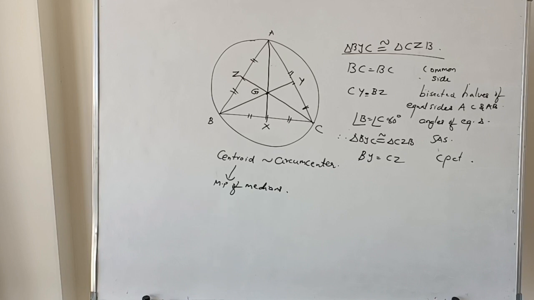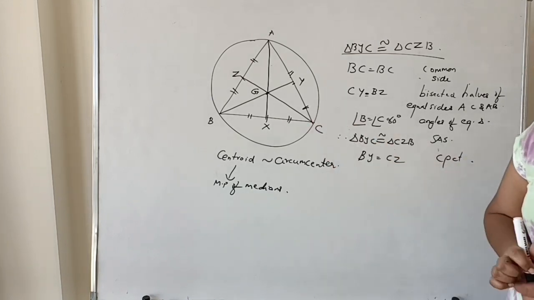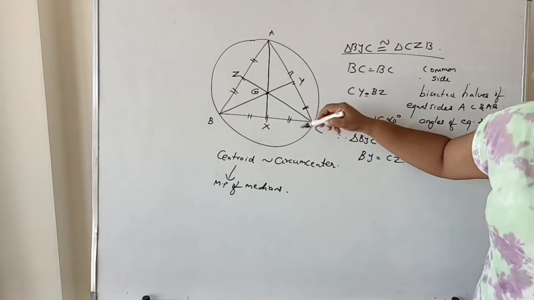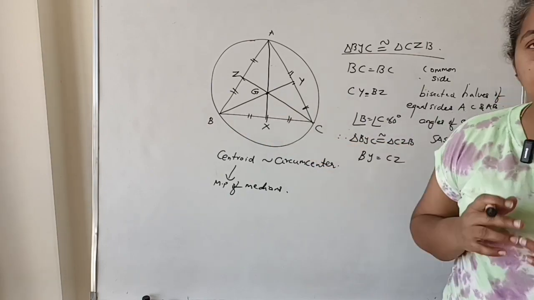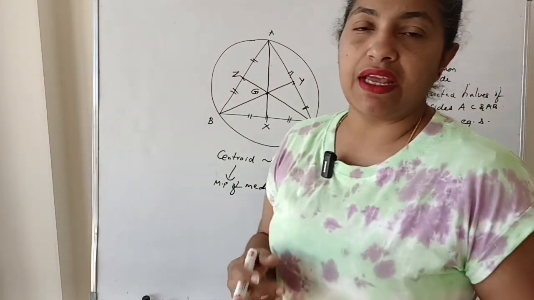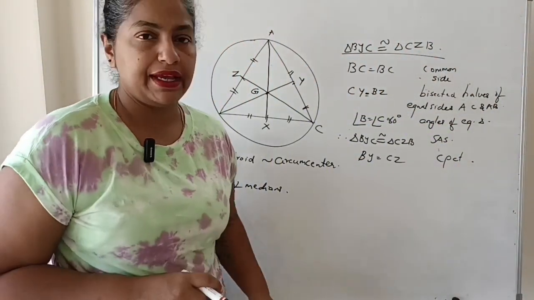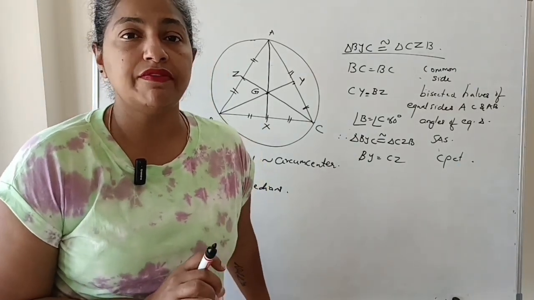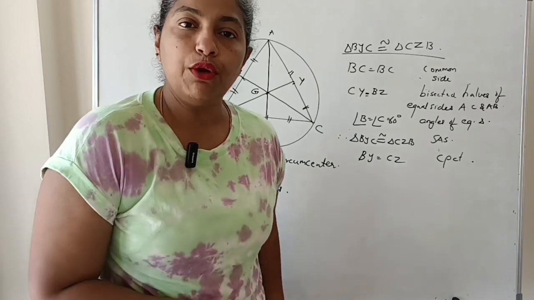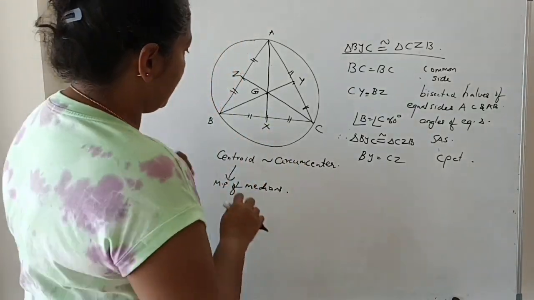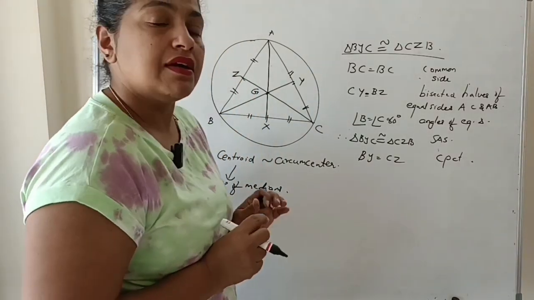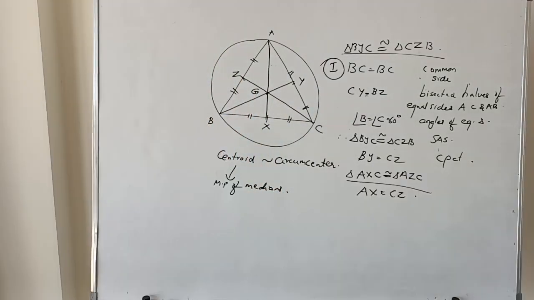CY is equal to BZ because AB and AC are equal, as they are the sides of an equilateral triangle, and at this point they are bisected. So, CY is equal to BZ. Each angle of an equilateral triangle is 60 degrees. So, angle B is equal to angle C. So, the triangles that we have chosen are congruent by SAS congruence. So, since we have proved the triangles are congruent, I can say that the side BY is equal to CZ, corresponding parts of congruent triangles.